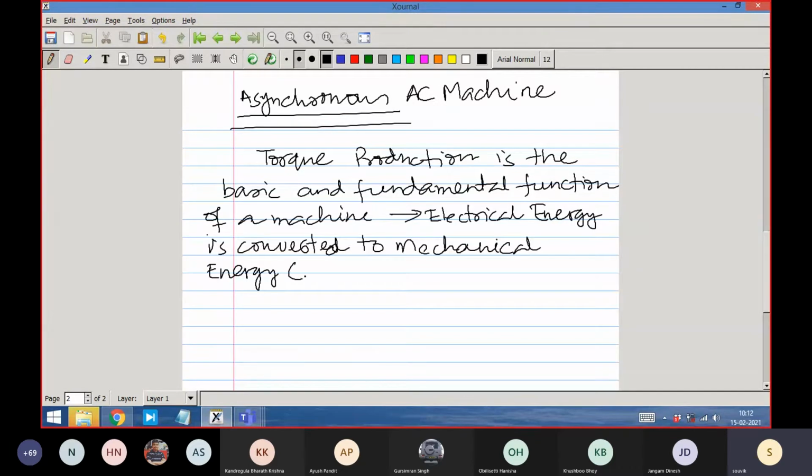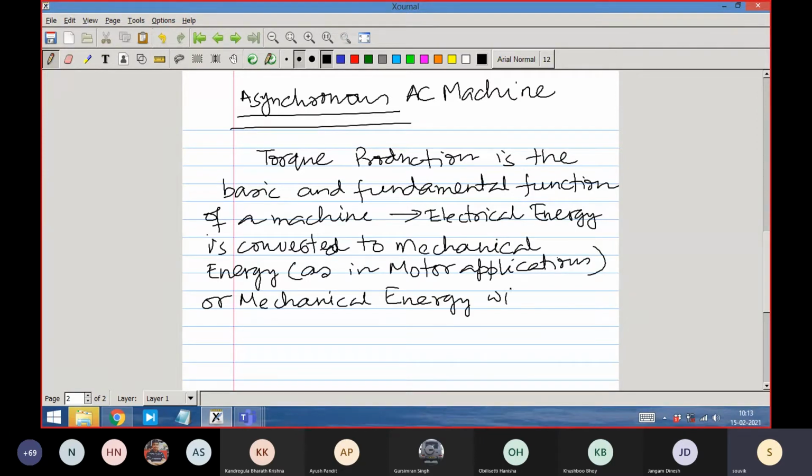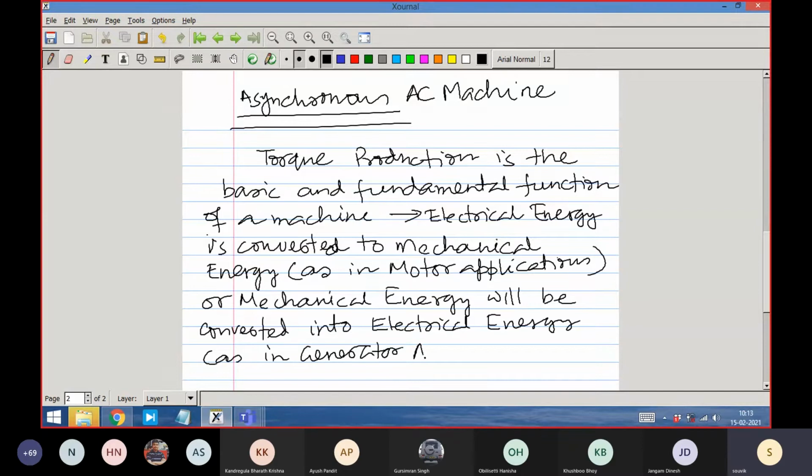As in motor applications, or mechanical energy will be converted into electrical energy, as in generator application.